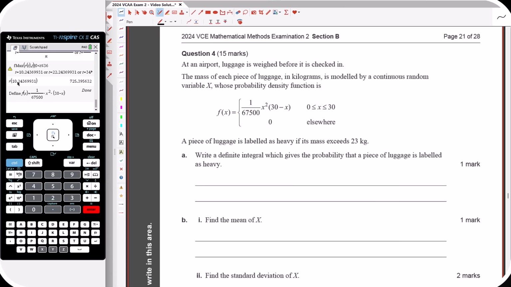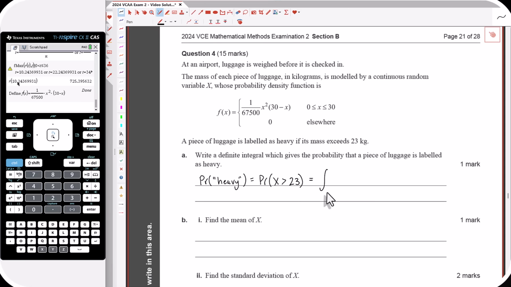A piece of luggage is labelled as heavy if its mass exceeds 23 kilograms. Write a definite integral which gives the probability that the piece of luggage is labelled as heavy. The probability of a piece of luggage being labelled as heavy is the probability x is greater than 23.